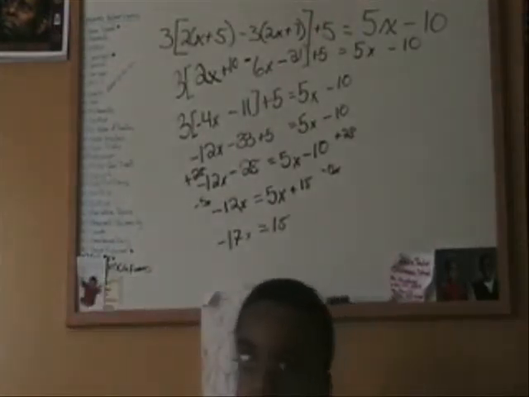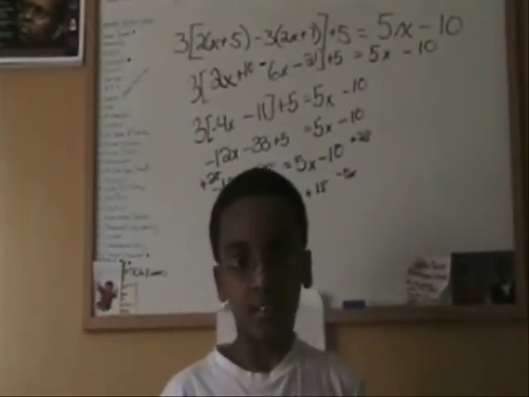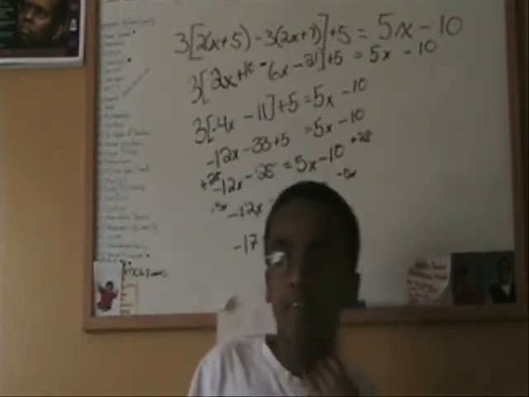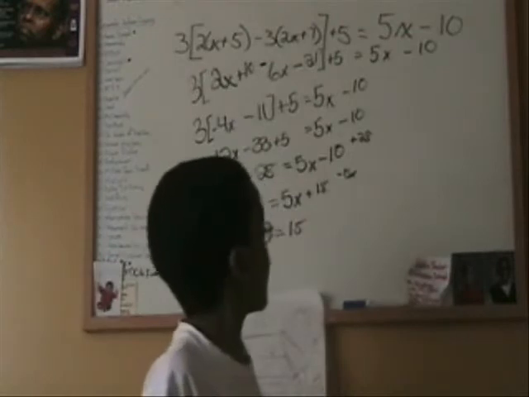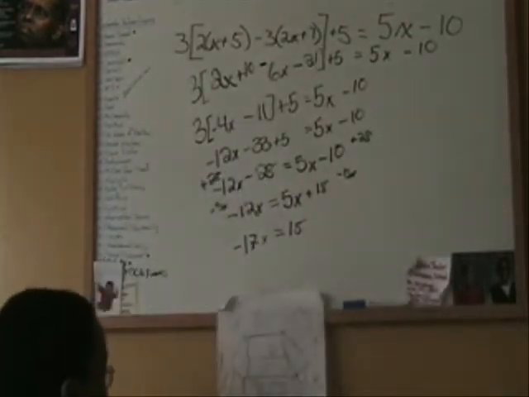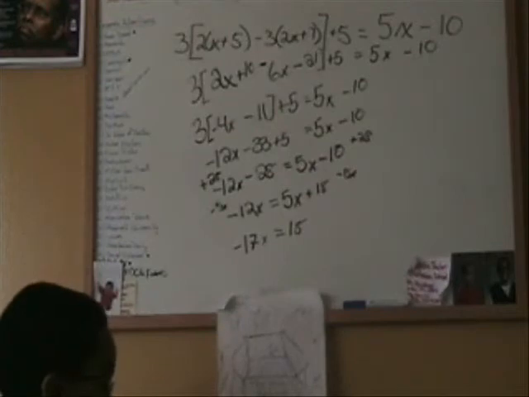A multiplication sign. All right. So how are you going to separate that 17 from that x, knowing that there's a multiplication sign in between there? We have to divide. So what are we dividing? We have to divide negative 17 by x. No. Negative 17.